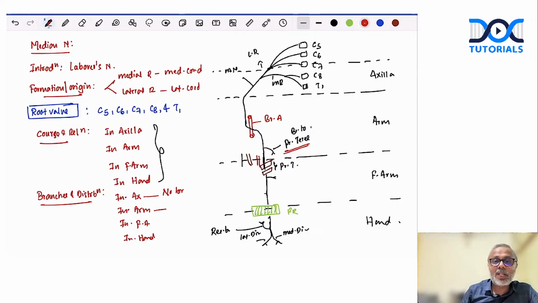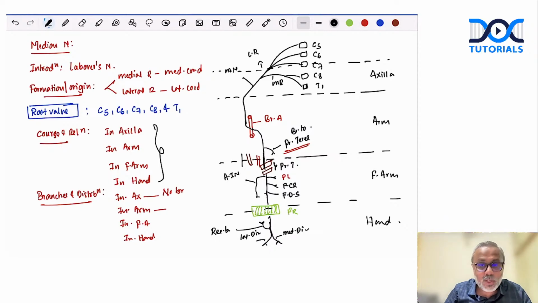Then, what about in the forearm? Remember, in the forearm, it supplies the palmaris longus muscle. Then, it supplies the flexor carpi radialis muscle. It supplies the flexor digitorum superficialis muscle. Four muscles with pronator teres. Flexor carpi ulnaris is innervated by the ulnar nerve. Apart from this, what happens? It gives off the anterior interosseous nerve.